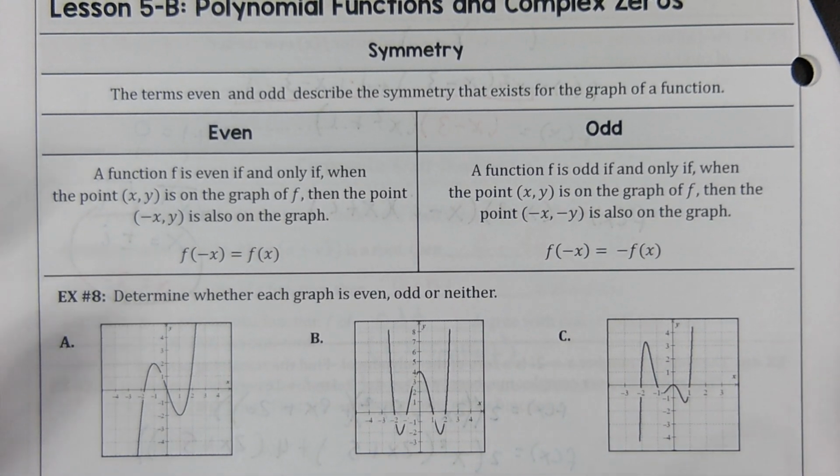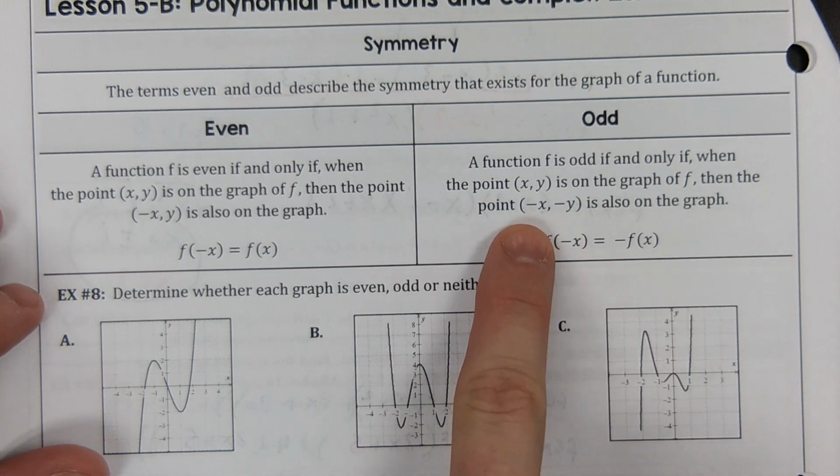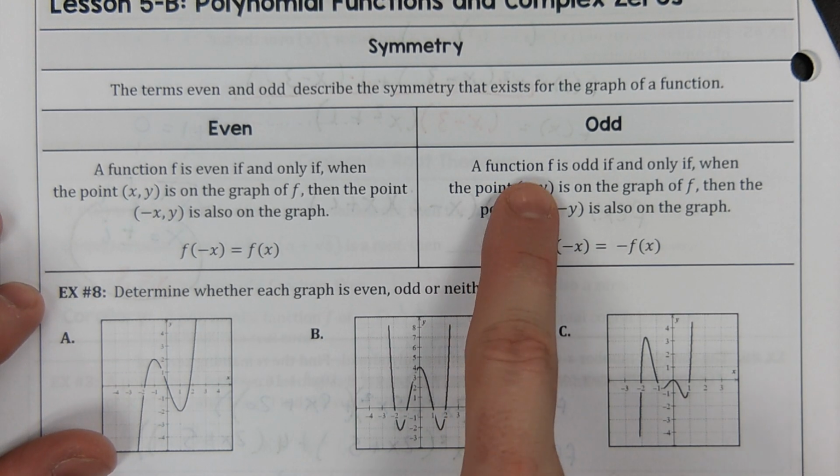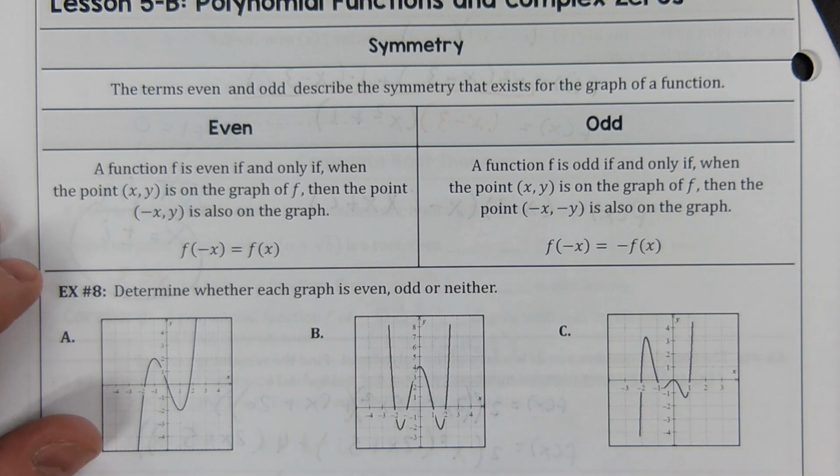A function f is odd if and only if when the point x comma y is on our graph, then the point negative x comma negative y is also on the graph. What this says is, if you change the sign on the x's, it'll change the sign on the y's.